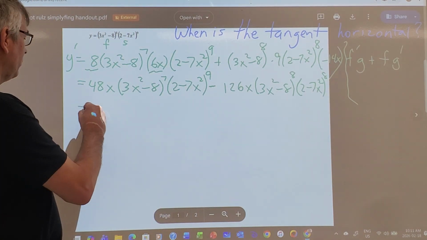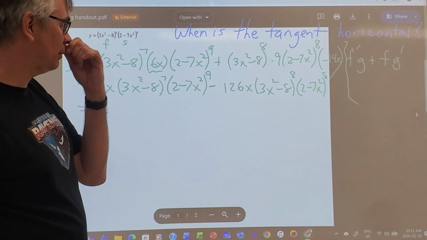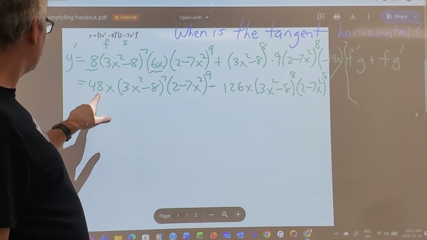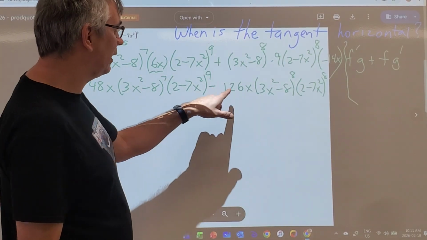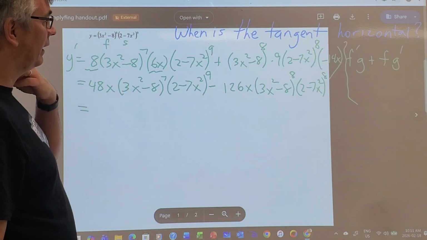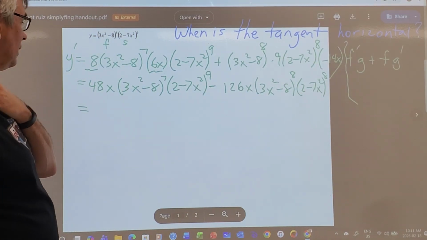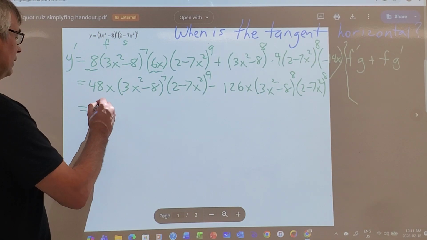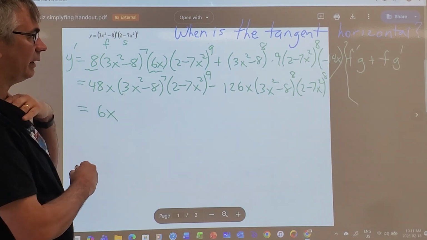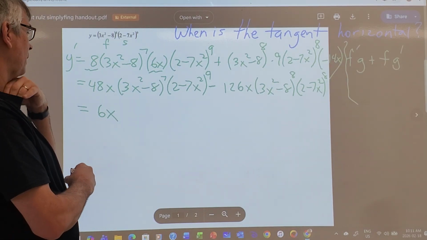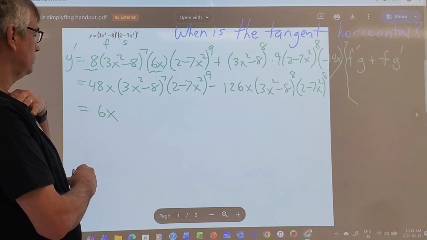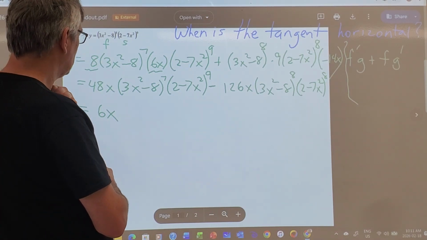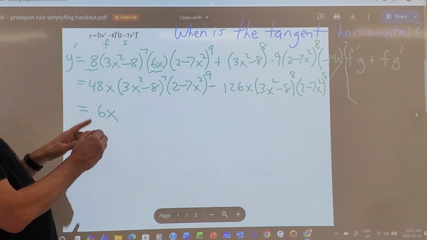Now that we've done this, we can see what's common between these terms. And so we need to determine what's common between a 48 and a 126. And I'm pretty sure you can take out a 6 out of both of those. So we're going to try that. Hopefully that's the largest thing we can take out of both. So let's give it a try, see what happens. We take a 6x out of both.